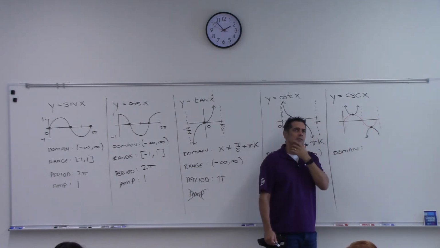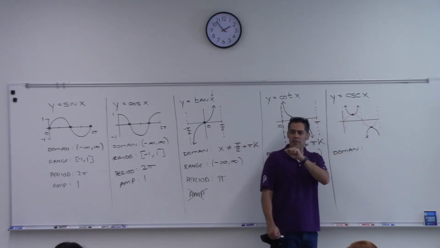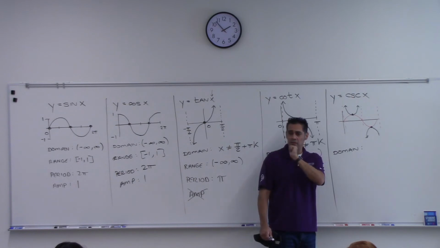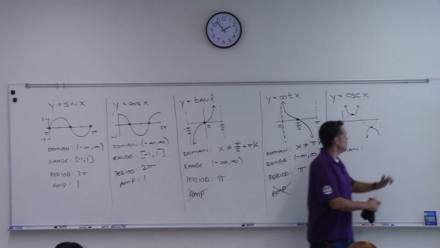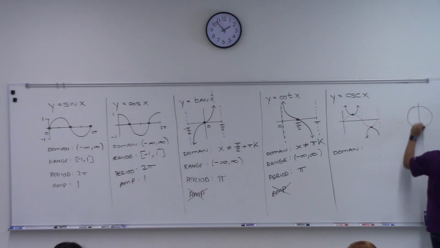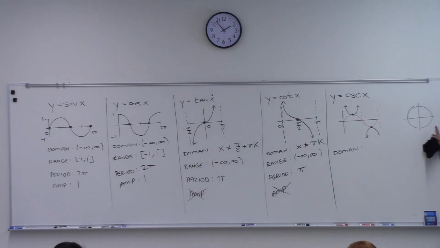Isn't it? It's undefined everywhere that sine is 0, yes? And by definition, on the unit circle, sine is which coordinate? The y coordinate. So wouldn't we have, wait, hold on. Sine is the y, right? So we would have undefined where?